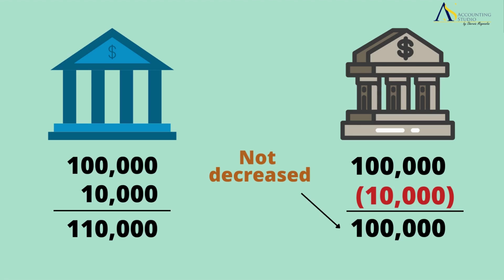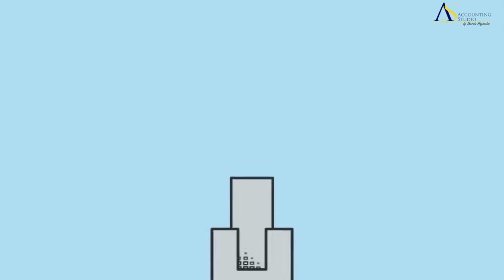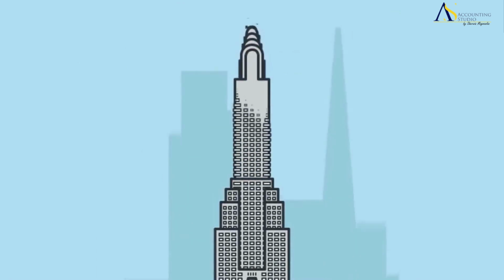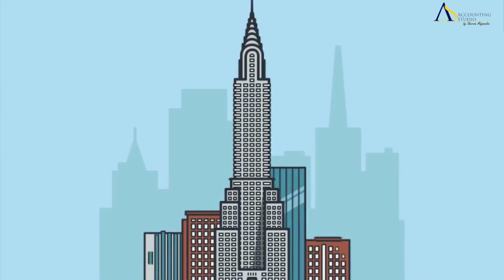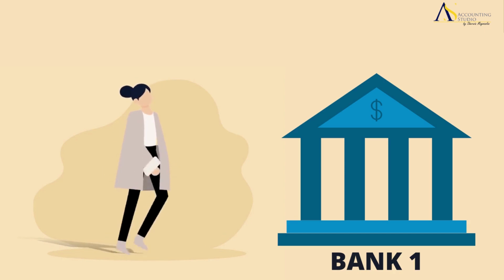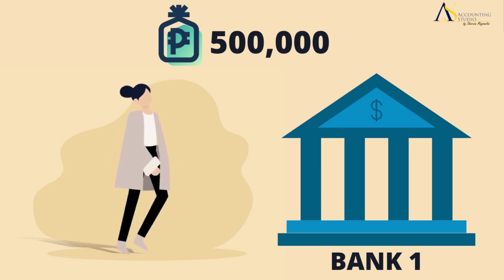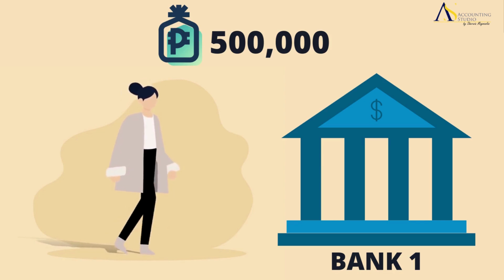Taking as an example, XYZ company has different accounts in various banks such as Bank 1, Bank 2, and Bank 3. On December 27th, the bookkeeper of the company withdraws a 500,000 pesos check from the Bank 1 account for herself and spends all the money in buying luxurious bags and shoes in the mall.